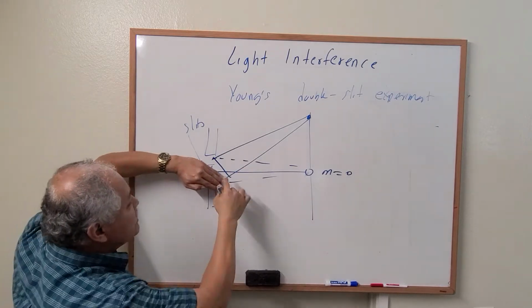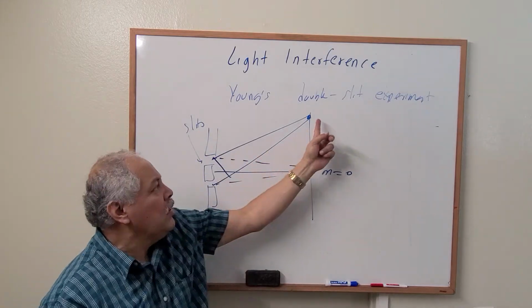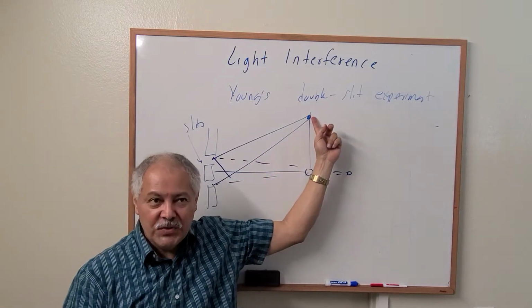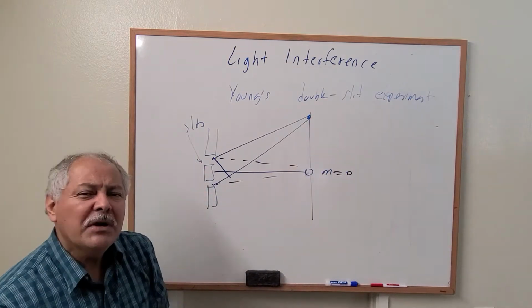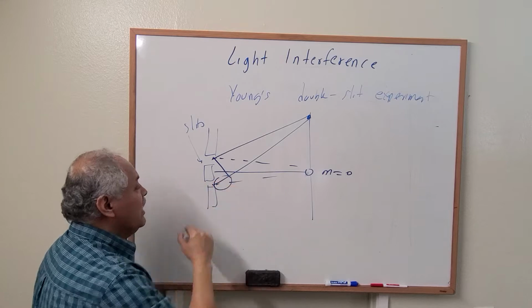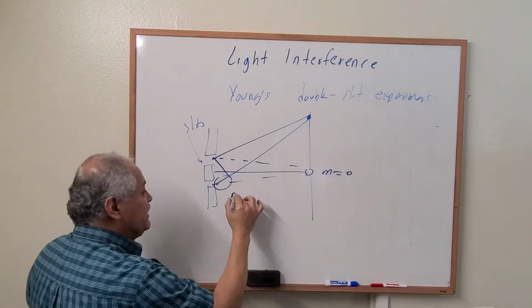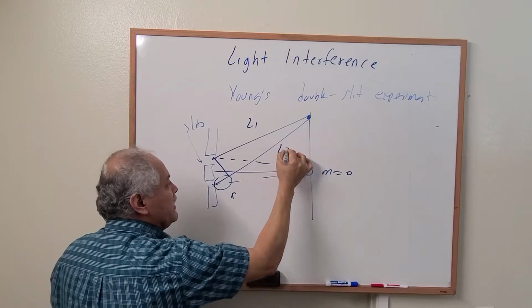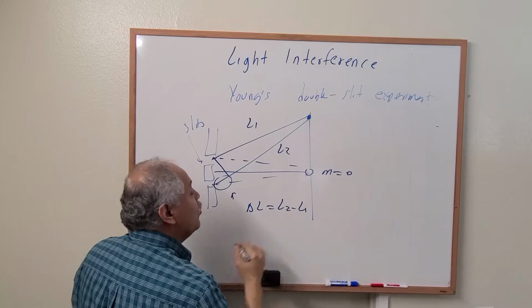Now these two sides are the same, so these two distances are the same. If these two distances are the same, we expect to have constructive interference, correct? But look, they are not the same. What is the difference? This part. So this part must be the clue. This part is actually the change. We call this L1 and this one L2. So this is a change in the distance equal to L2 minus L1.